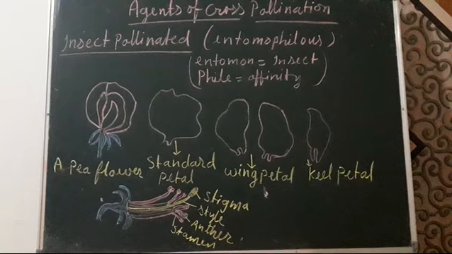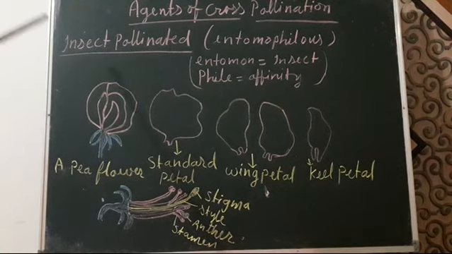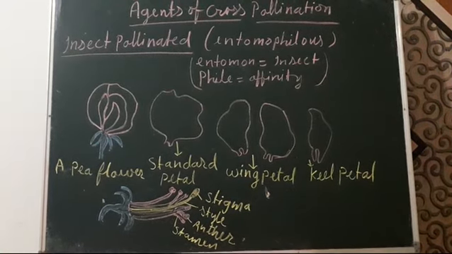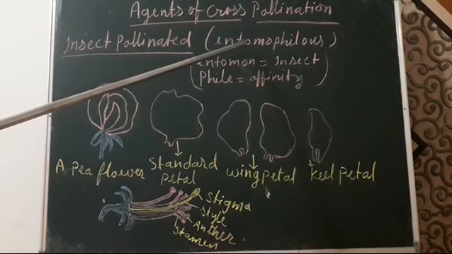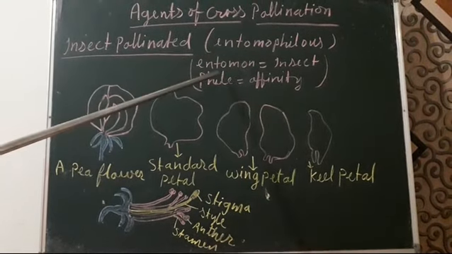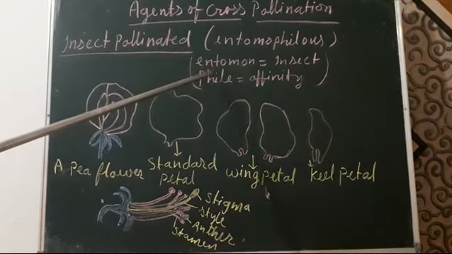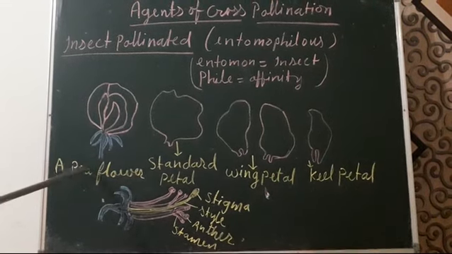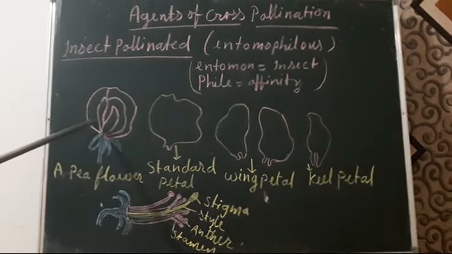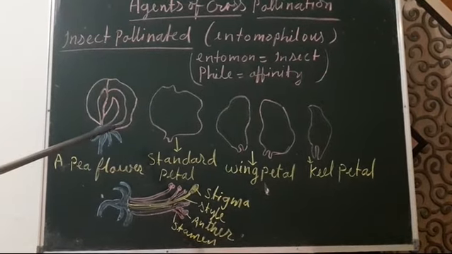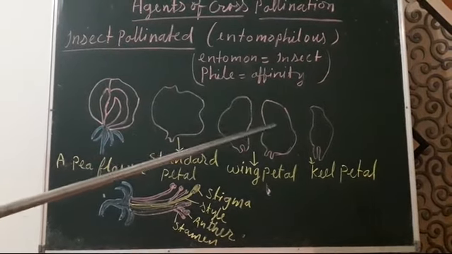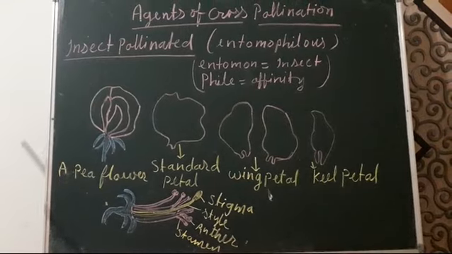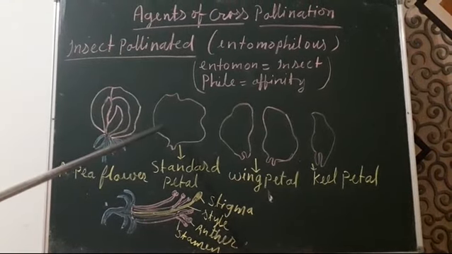So first we will see about the insect pollinated flower. It's also known as entomophilous. Entomon means insect and phily means affinity. So here we will see a pea flower. You can see a complete pea flower, and here the petals are having a different name, and that's why it is separately shown here.